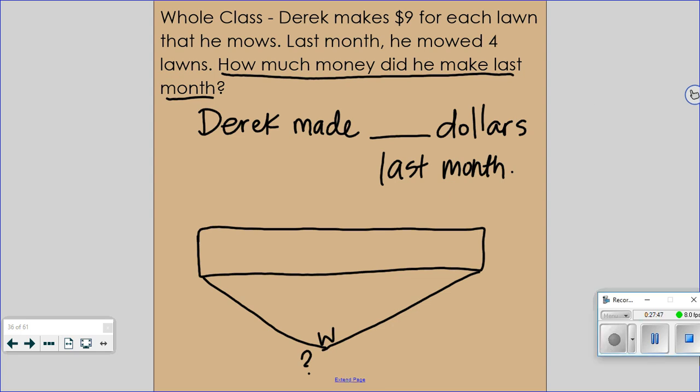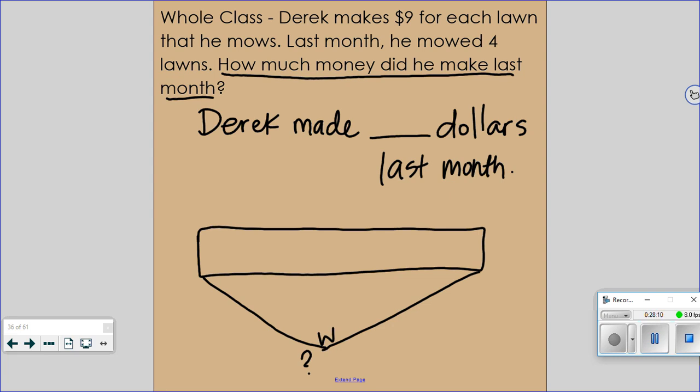What is something that I know in this problem? I don't know the total number of dollars. That is true, I don't. But I know something. What's something that I know, Scarlett? You asked that for how many lawns he makes, he gets $9 and he mowed 4 lawns. So we know that every lawn he gets $9, and we know that he mowed 4 lawns.